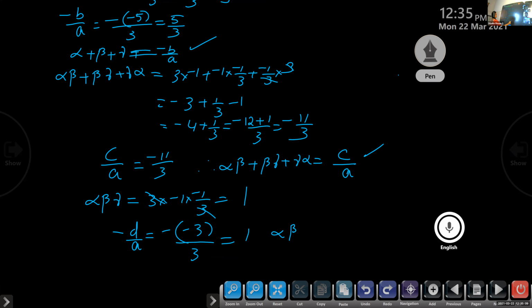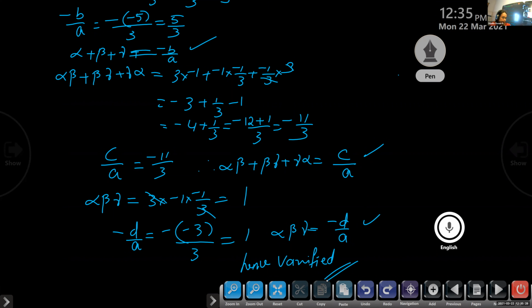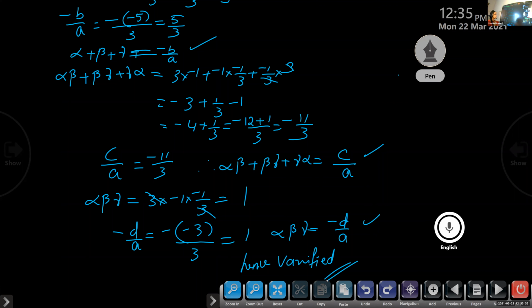So alpha beta gamma equal to minus d by a. So all three relations are verified. Hence verified.